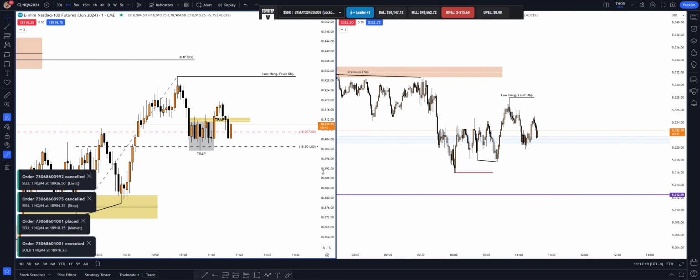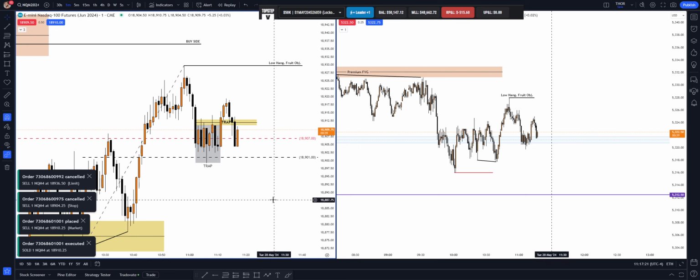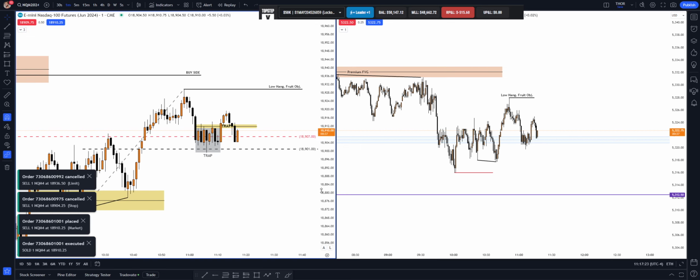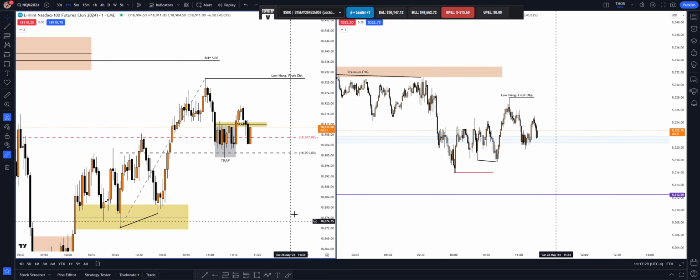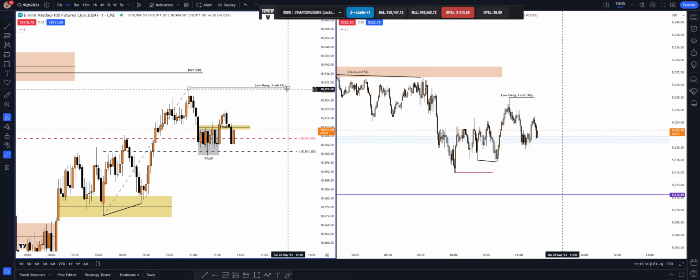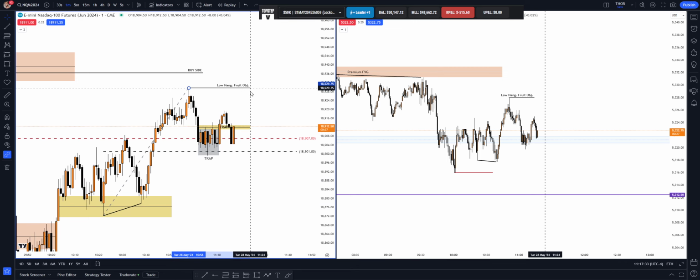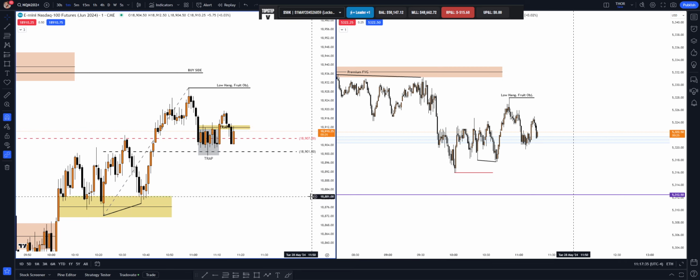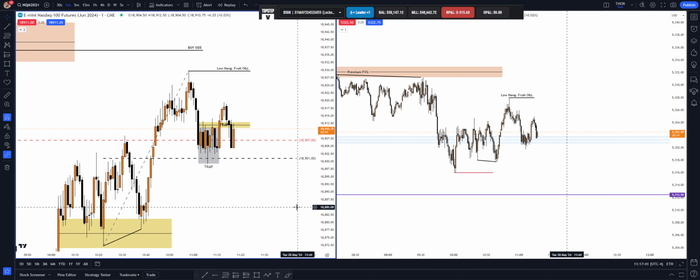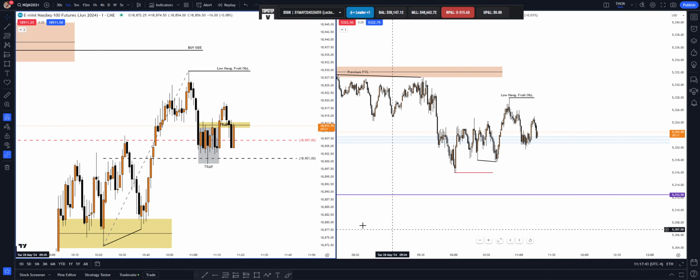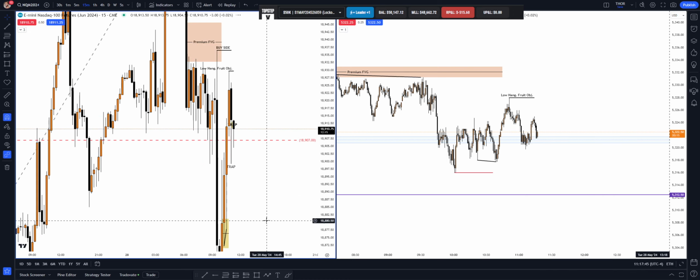I'm gonna collapse it manually because I'm not getting what I want to see. So instead of letting it go to my stop loss, I'm just gonna collapse it. At this point, I don't care if it runs for the high. The 15 minutes.